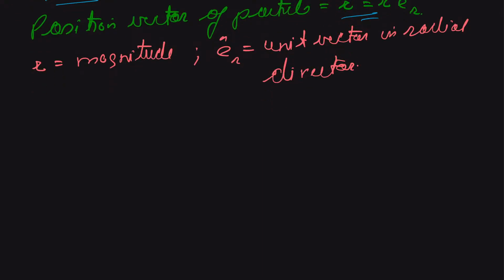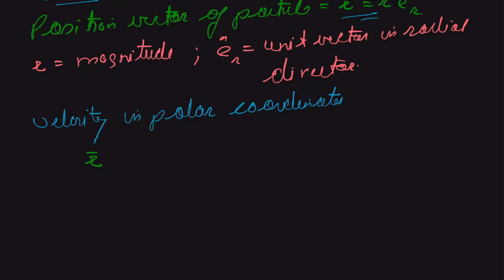Okay. Therefore we can write the velocity in polar coordinates, and we differentiate with respect to time t, and we are going to get r single dot times the unit vector plus r times the derivative of the unit vector, which is our velocity.